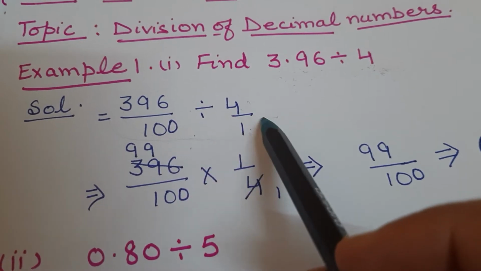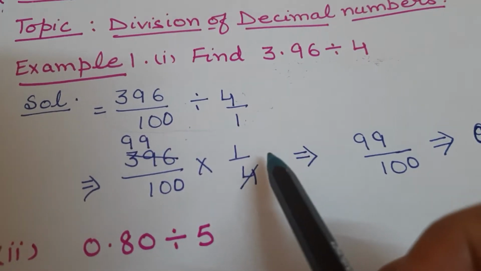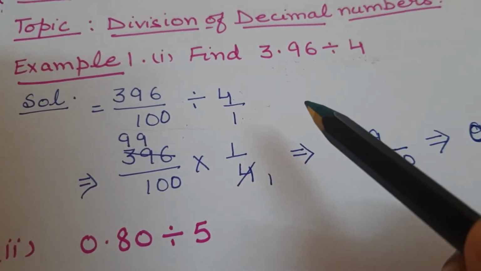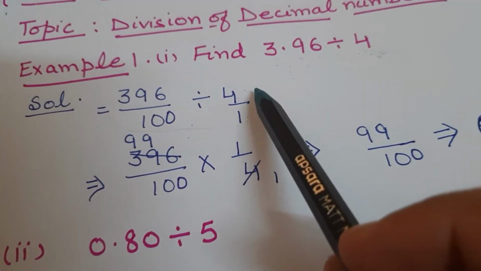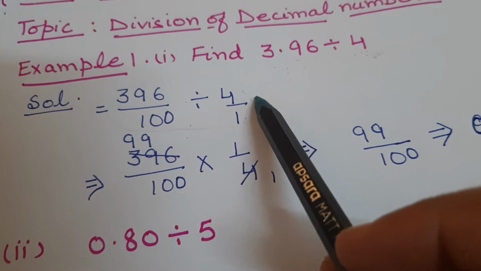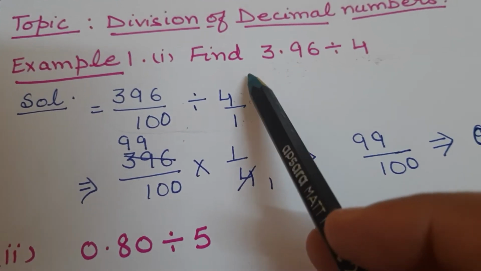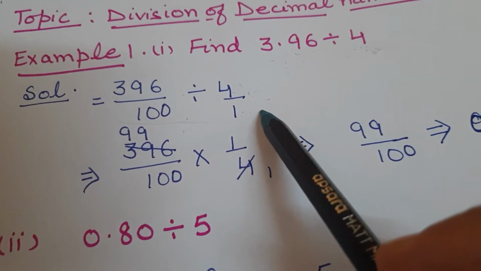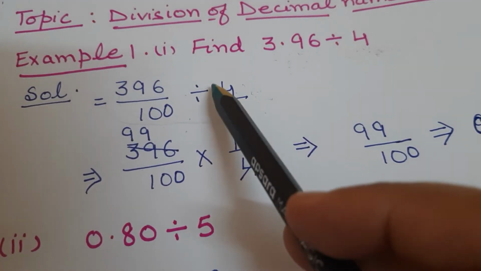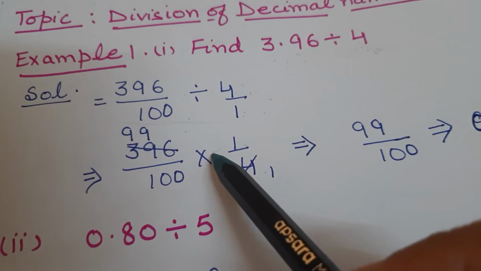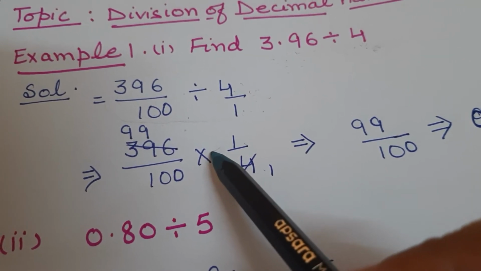Now both numbers are converted into fractions, and you know how to do it. In the next step, we will take the reciprocal of this number. What will be the reciprocal of 4 by 1? It will be 1 by 4. And the division sign will be converted into a multiplication sign.